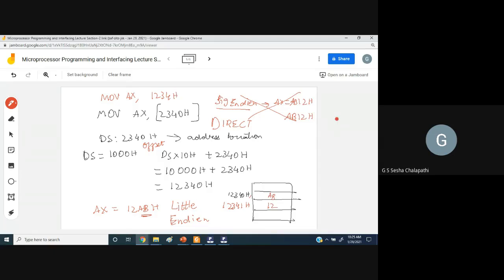However, in direct addressing mode, I have these square brackets, because of which it tells us that this is direct addressing mode, and the source is a memory location. So there are certain differences between the immediate addressing mode and the direct addressing mode, and some more differences also.